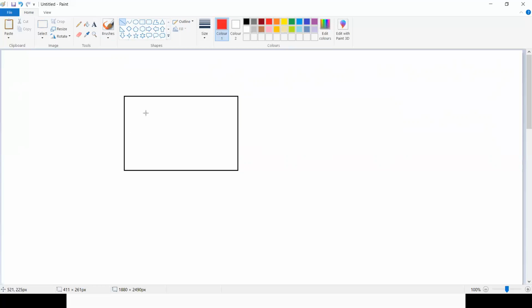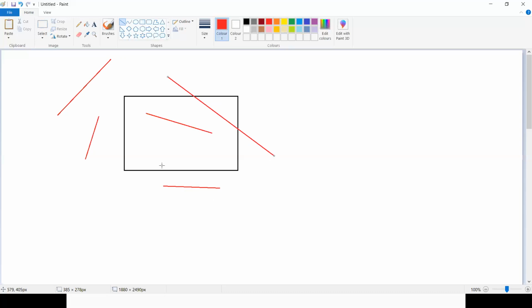Some lines are here, some are here, so there are different types of lines.